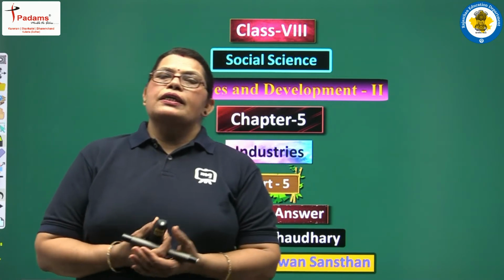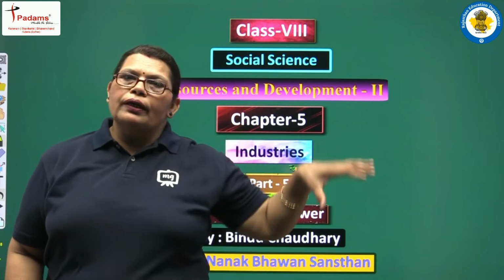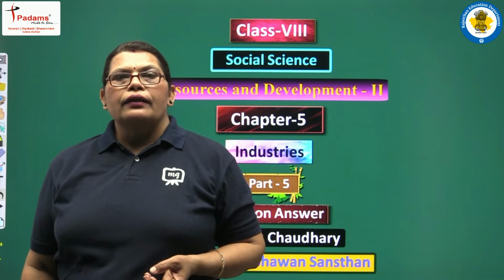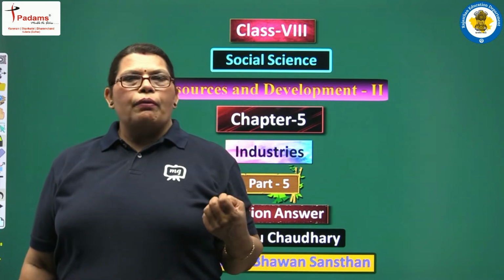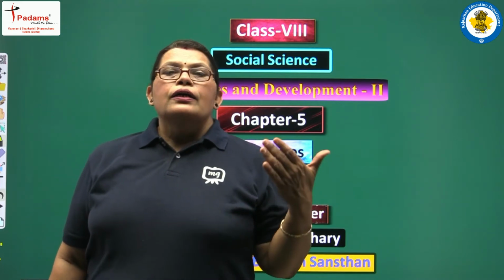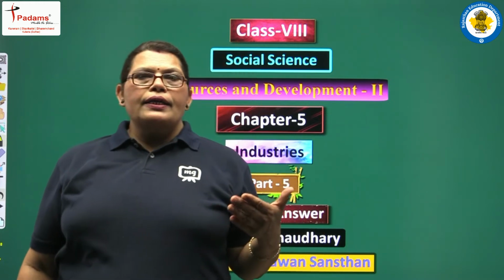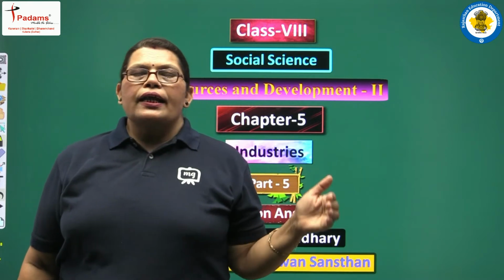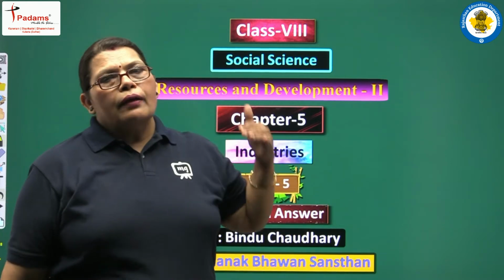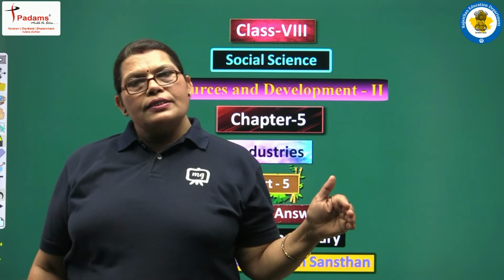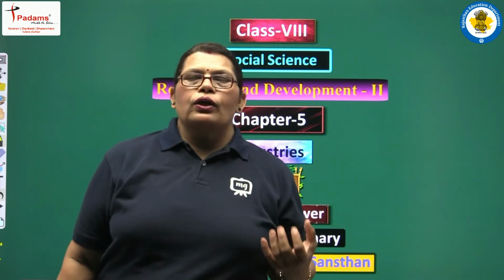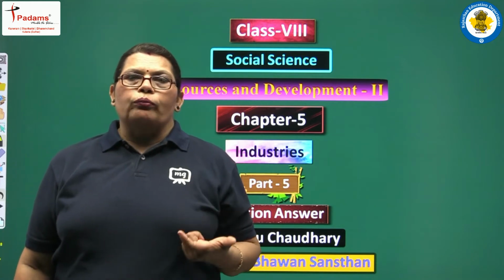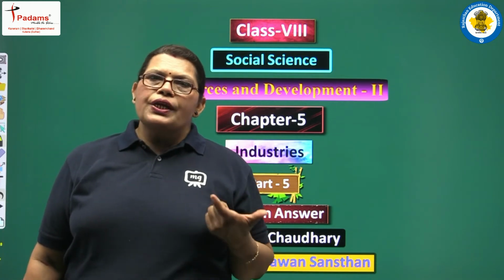When we are discussing the whole world, what is the condition? We had discussed Osaka in Japan. So the Manchester of Japan is Osaka city, and industries are established in Ahmedabad as well as in Osaka, Japan.